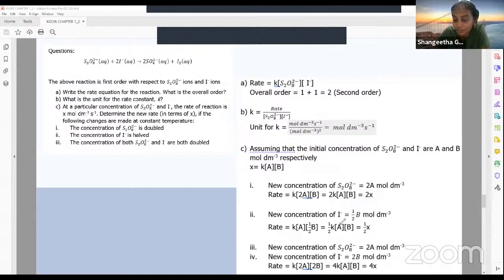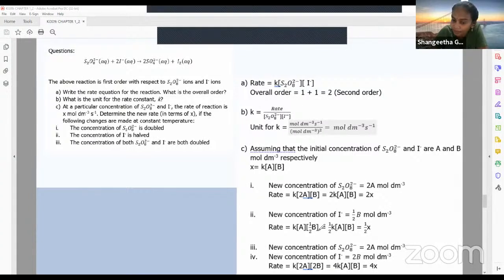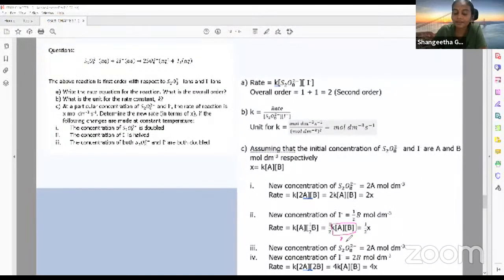The new concentration of I- is now half B. So you write again, rate equals K, concentration of A times half concentration of B. So you bring your half K out, then you're left with this, which is X. Simple, right?